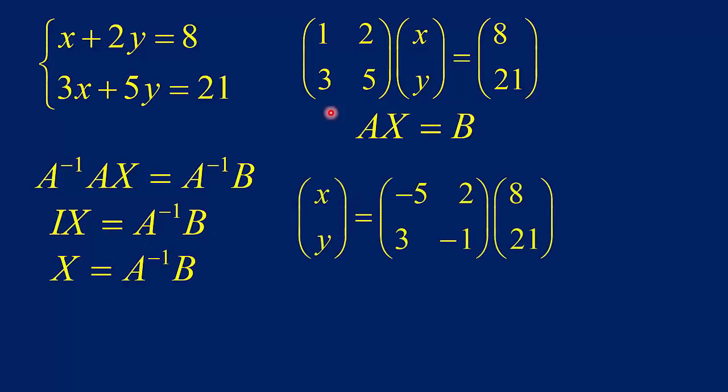We've got this system. If we multiply by A inverse over here and A inverse over here, what we're going to have is this. This is like the capital X equals A inverse. This is the inverse of A. So if you take this matrix right here, multiply it by this one, you get I. This is A inverse, and of course this is B. And when we multiply this out, we get this matrix, 2, 3.